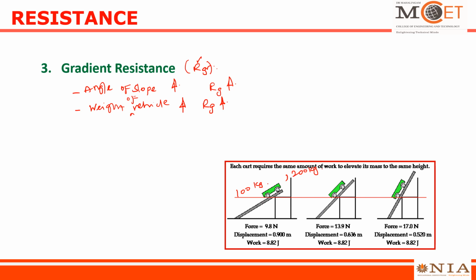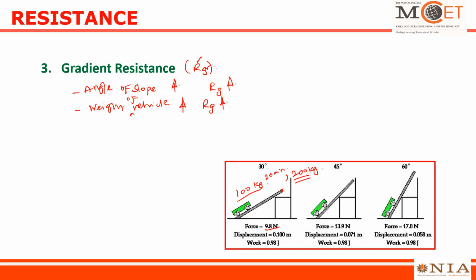If we move the 100 kg vehicle with a force of 9.8 Newton, it reaches the top maybe within 20 minutes. Let us take, if we move the 200 kg car with a force of 9.8 Newton, it will reach maybe, let us take, 30 minutes. So the weight of the vehicle also plays a major role in the gradient resistance.